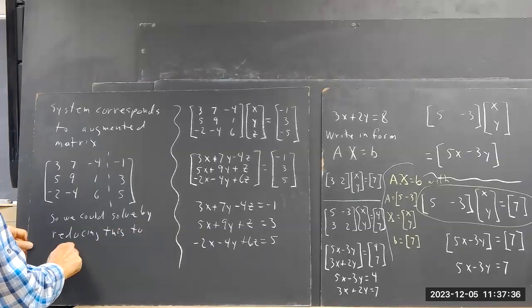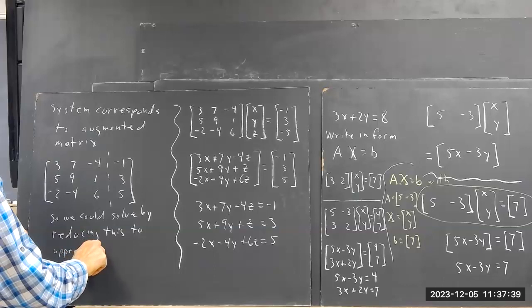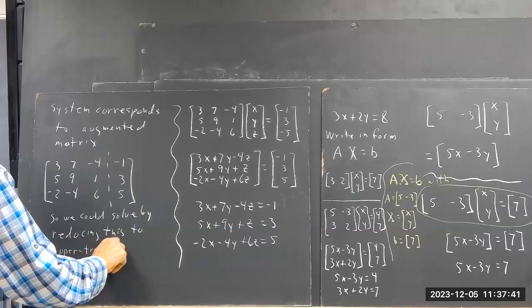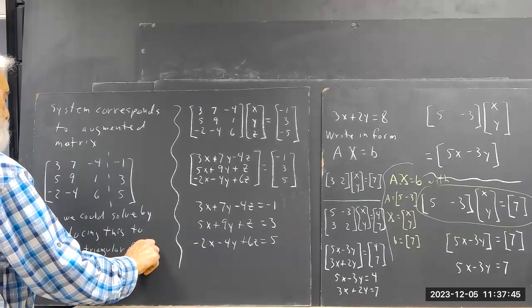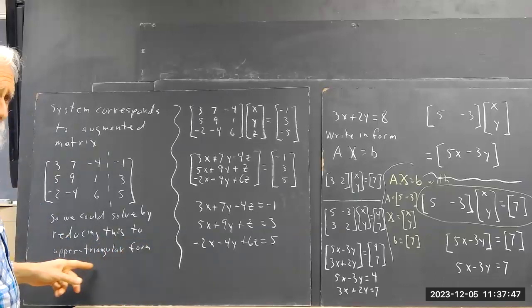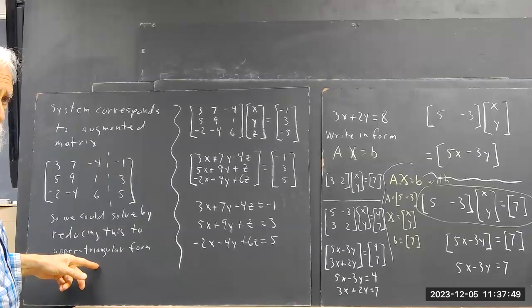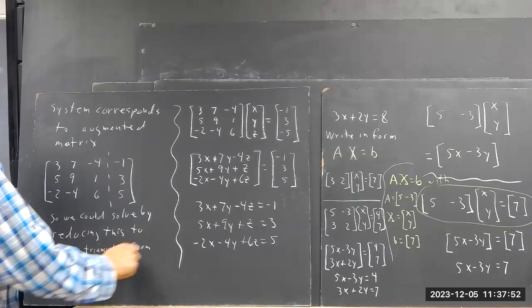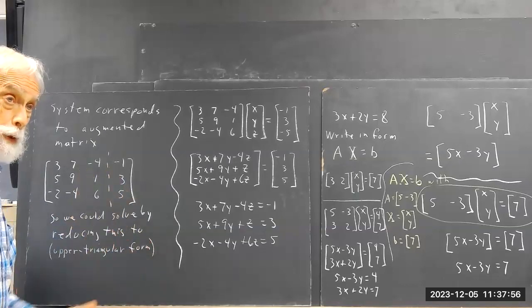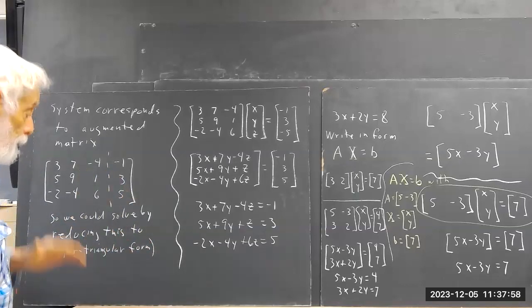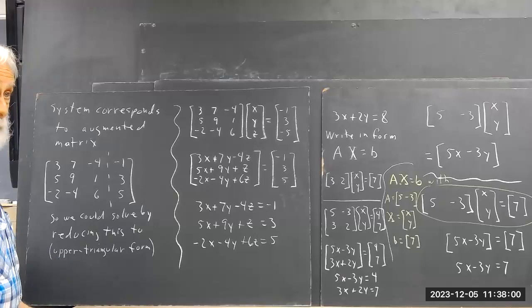Open Math, did you see the word upper triangle? I'm going to put that in parentheses. You haven't seen it, and you don't have to worry about the terminology, and you won't have to worry about it in the exam.